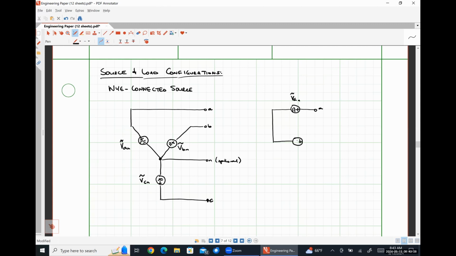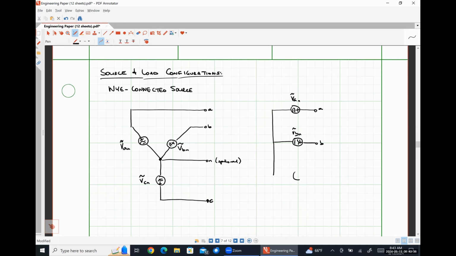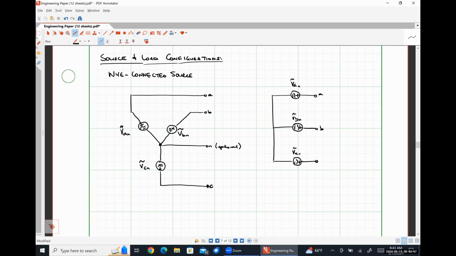Here's my B terminal. This is voltage VBN. Here's my C terminal, VCN. And then I'll draw my neutral terminal down here at the bottom, like so.